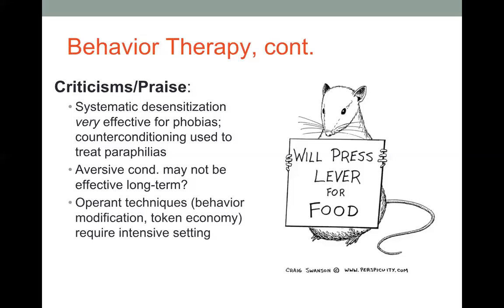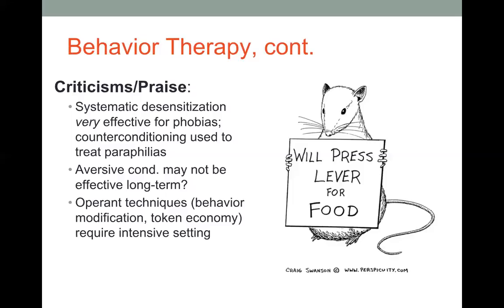And of course, the operant techniques like behavior modification and the token economy can be effective in shifting certain specific behaviors, but they do require a lot of intensive support and intervention. For behavior modification, you're going to need parents and maybe teachers being very consistent in how they administer reinforcement or punishment types of consequences, if those are part of it.